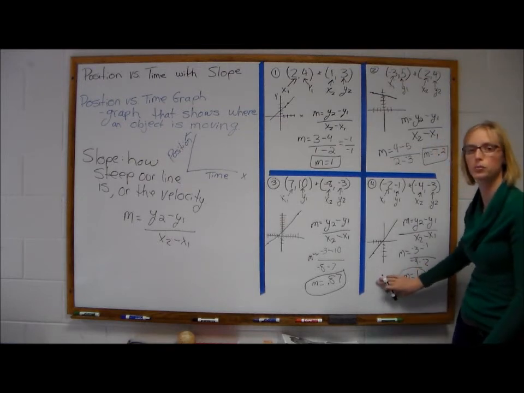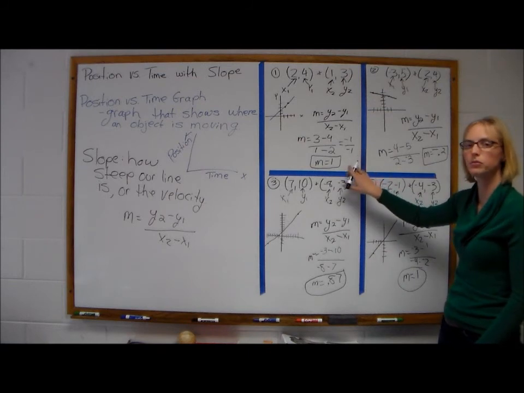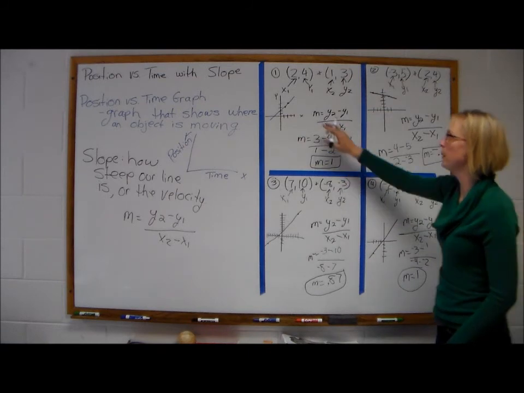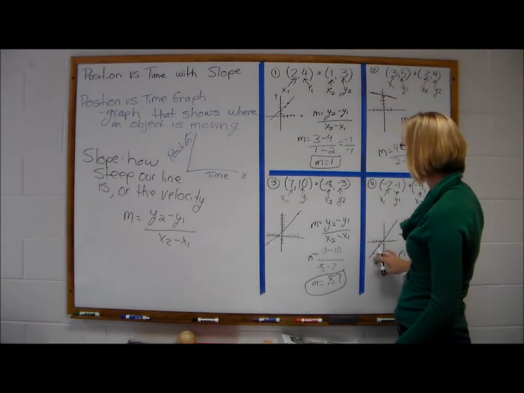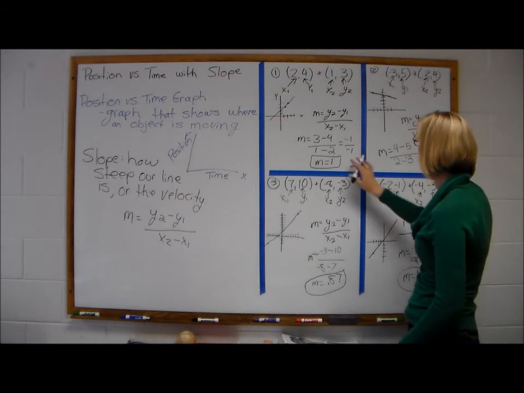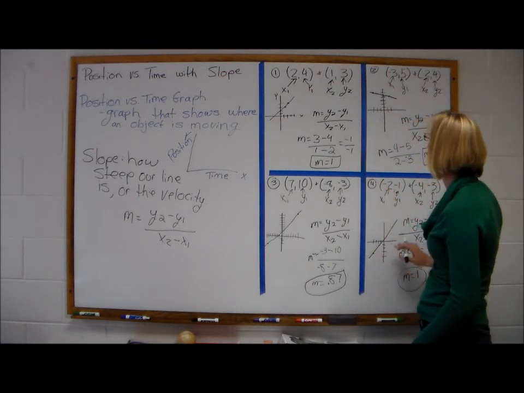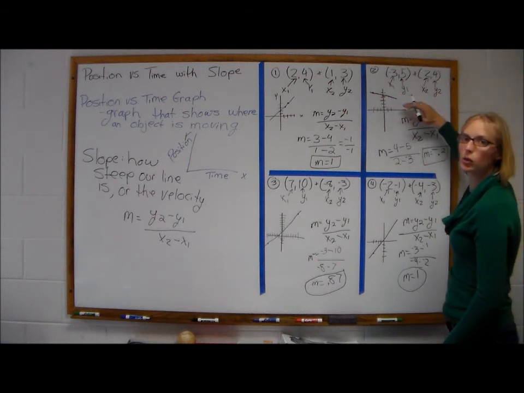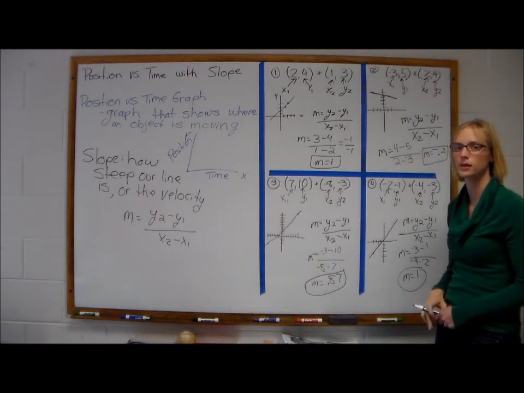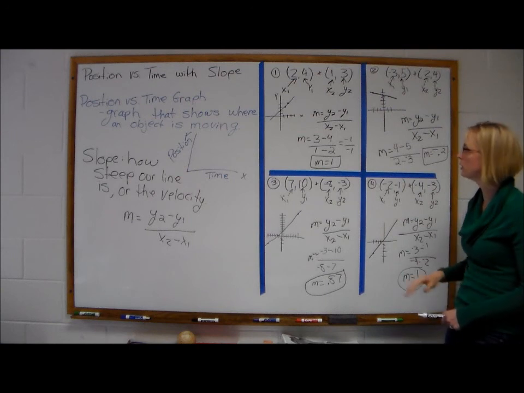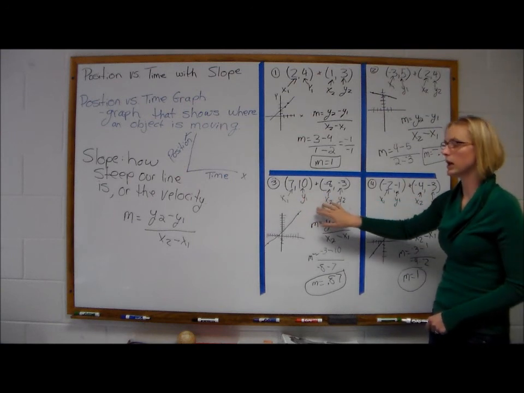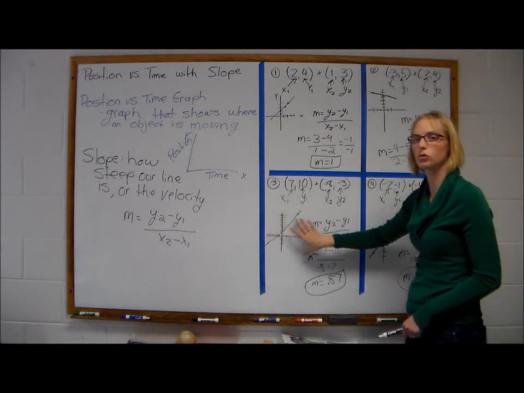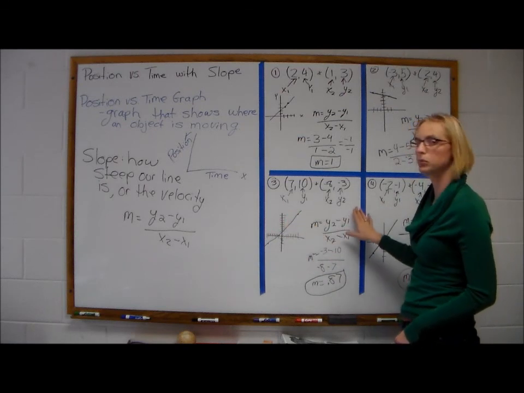Notice, our slope for problem 4 and our slope for problem 1 is the same, and our lines are going the same direction because they're both positive. Okay? Look at this one, we had a negative slope and our line is going the opposite way. Okay? So make sure you label your x and your y's, you draw your quick line, and then you plug in your formula.